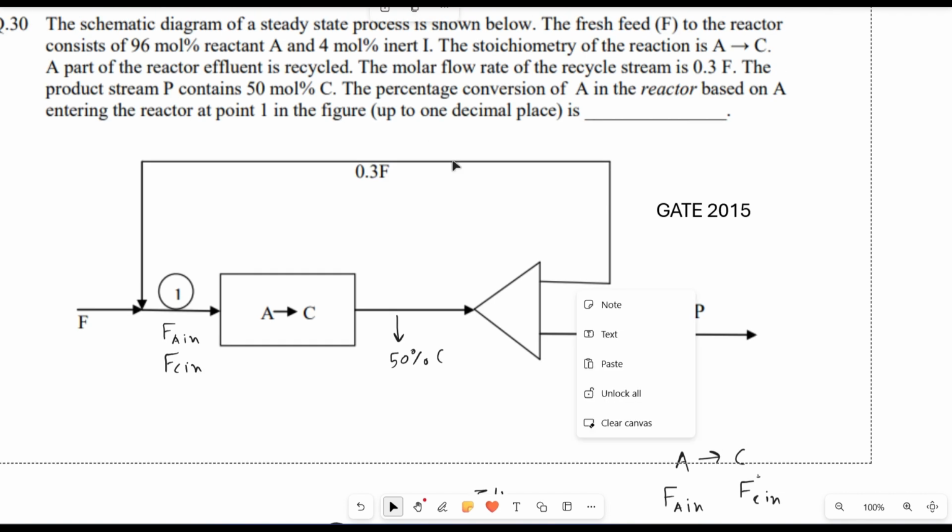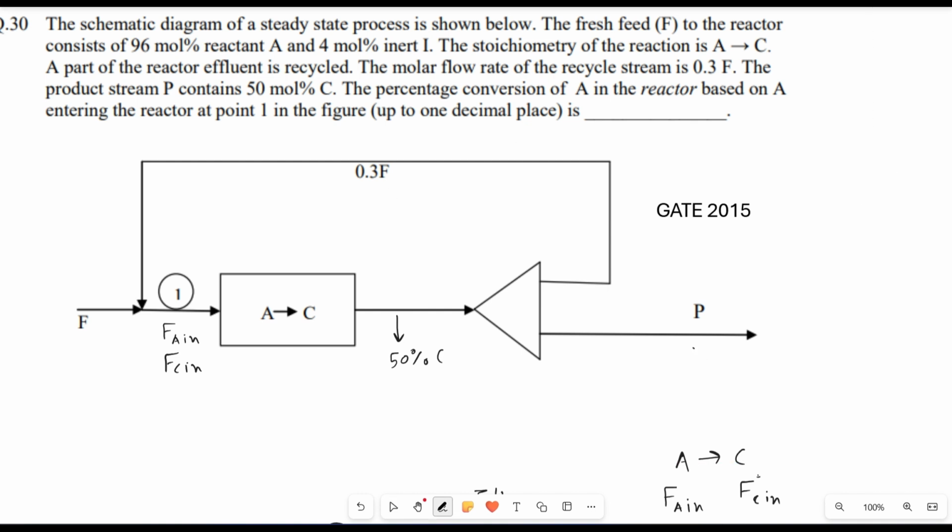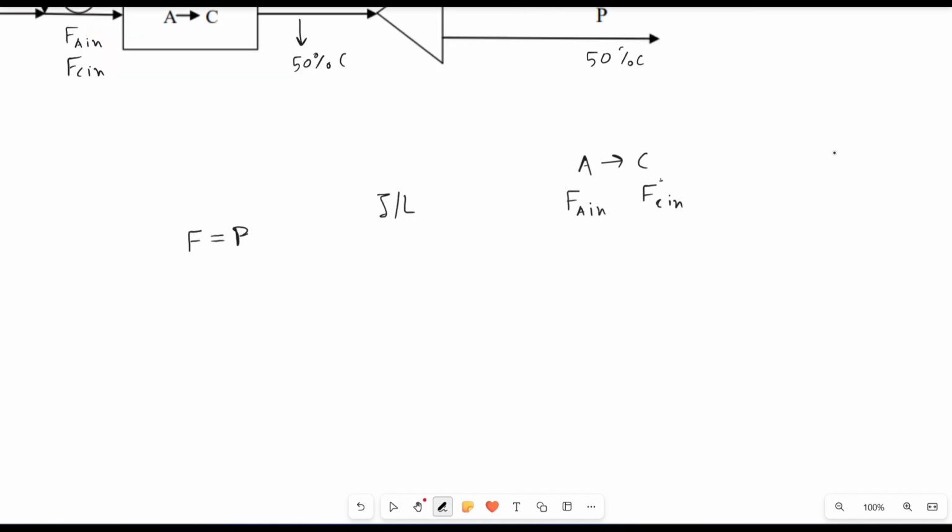This is a pure separator, so the product P will also have 50% C. Now this is the inlet of the reactor. The outlet of the reactor will be, conversion is unknown, so let it be FA in (1 minus X), and the product C will be FC in plus FA in times X, the conversion, which is added.